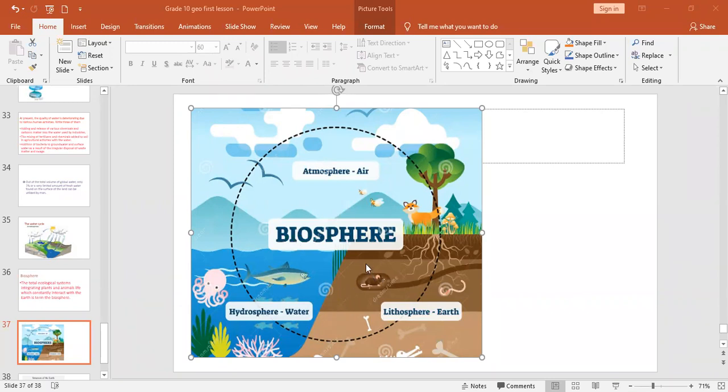Here you can see soil. Soil in the lithosphere belongs to non-living components.